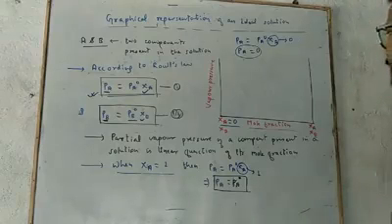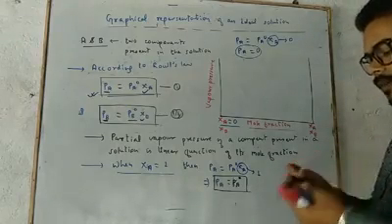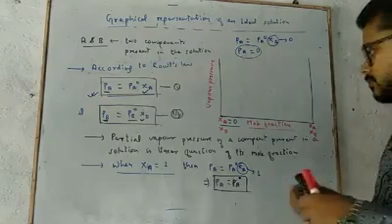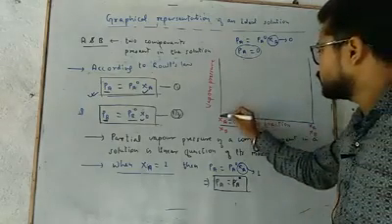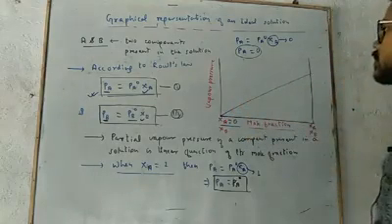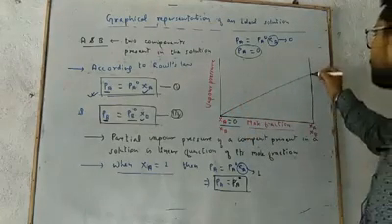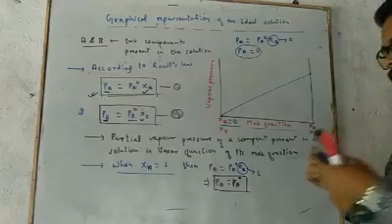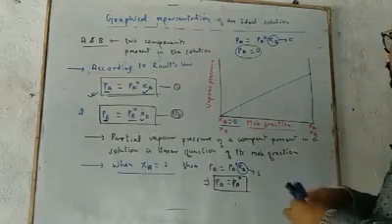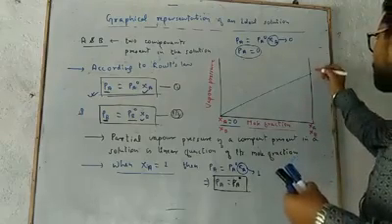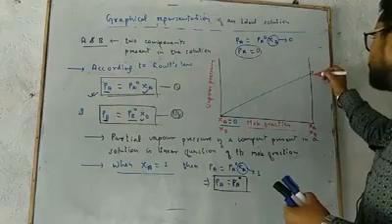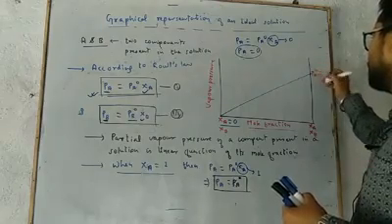So the graph will be like this, and here it is showing PA0. This point is PA0.